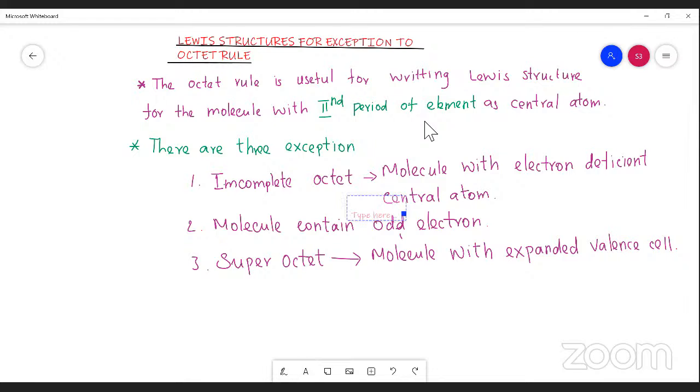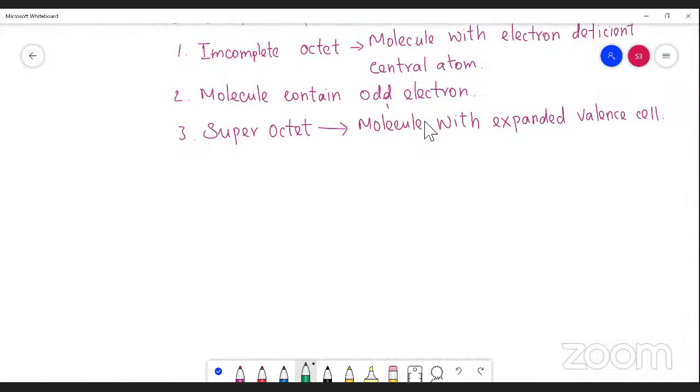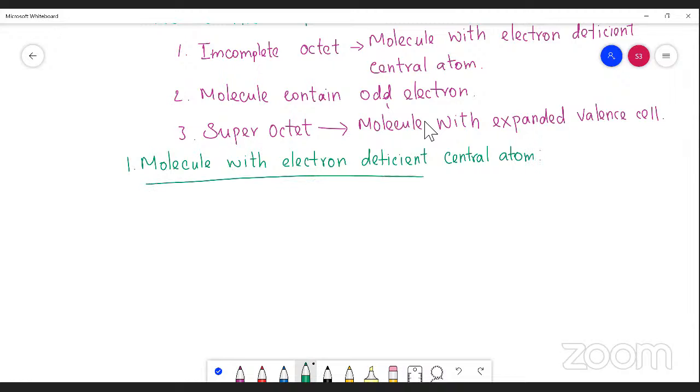That is, the central atom does not have a perfect 8 electrons in the molecule, and it may be less than 8.